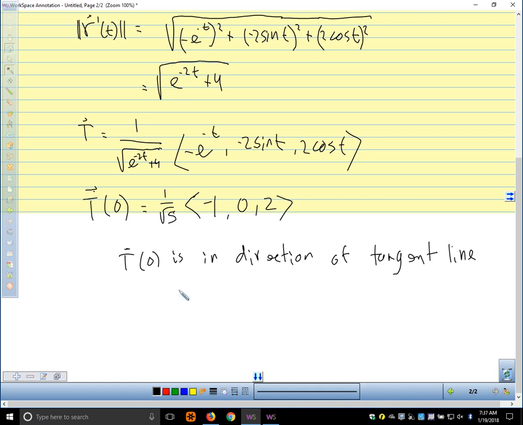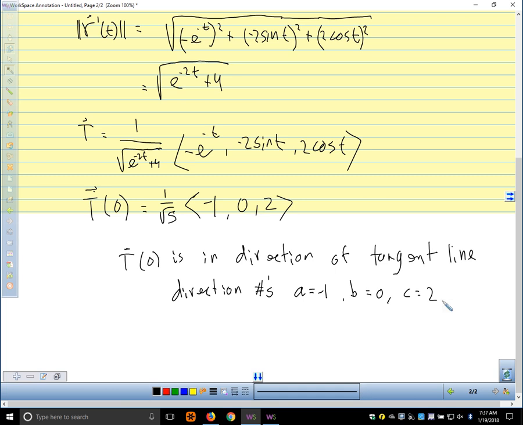So our direction numbers, I don't need to worry about this 1 over square root of 5. I can just use the negative 1, 0, 2. Our direction numbers are A equals negative 1, B equals 0, and C equals 2 for our tangent line.